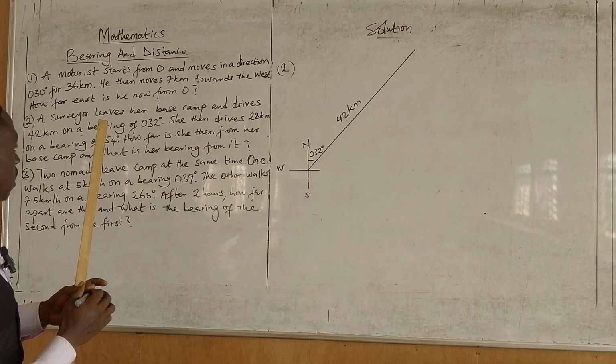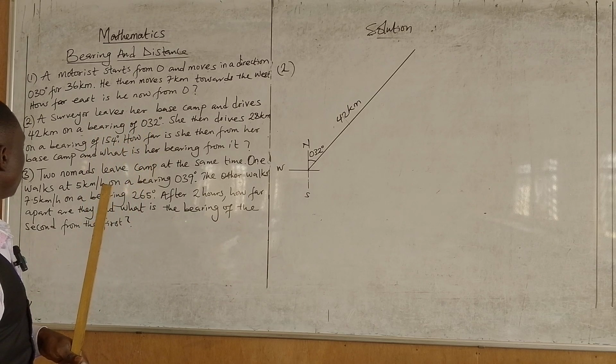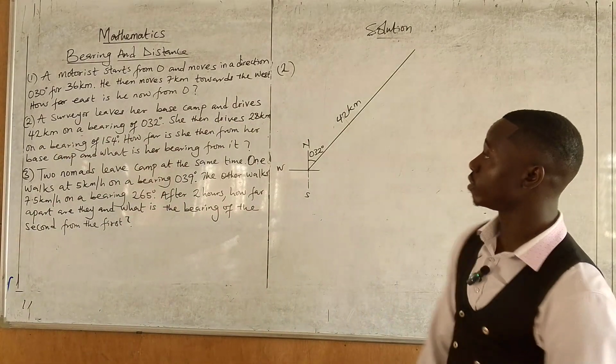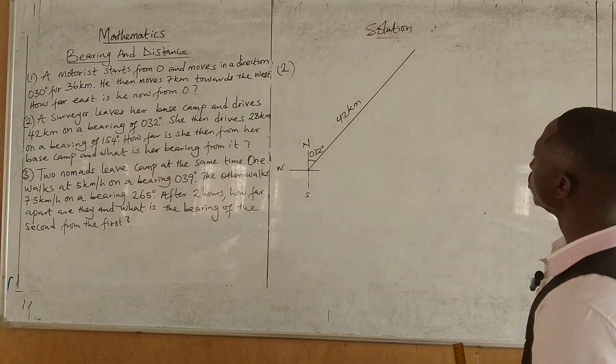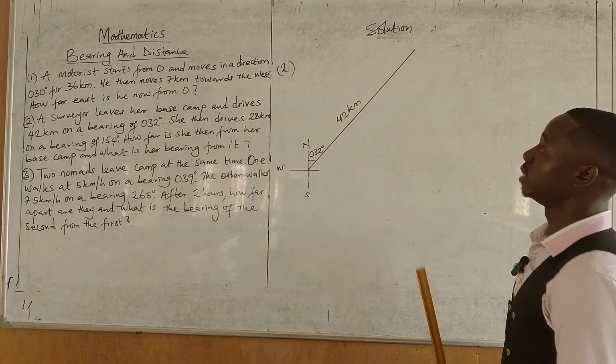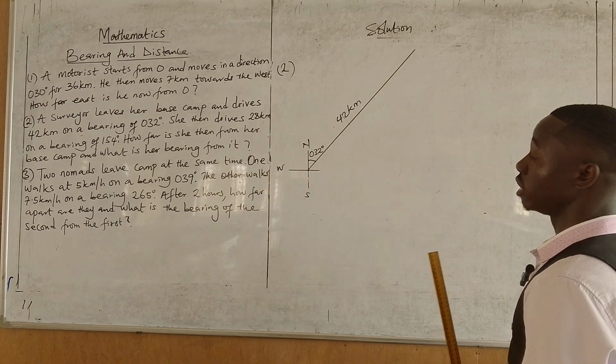Okay, she then drives 28 kilometers on a bearing of 154 degrees. So after reaching here, she will now drive 28 kilometers on a bearing of 154.